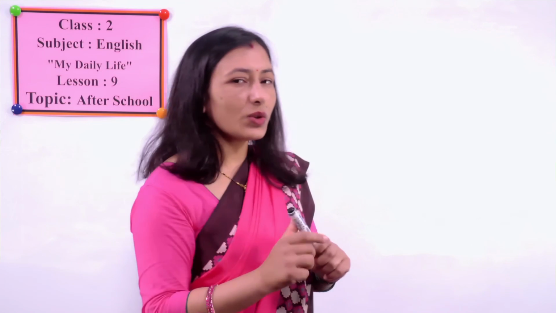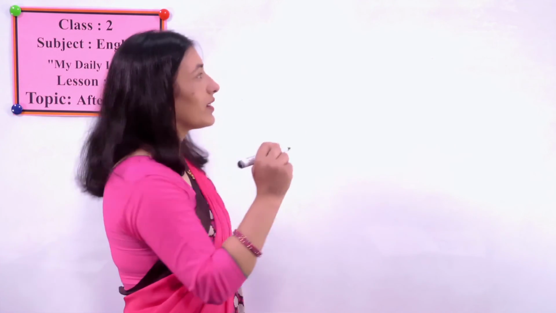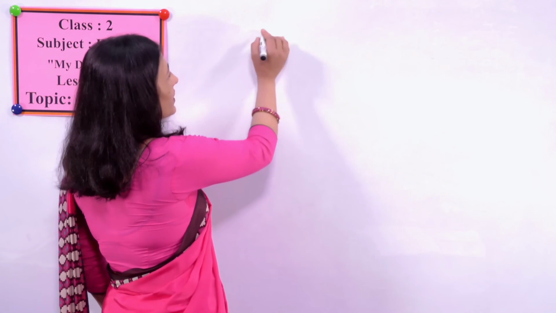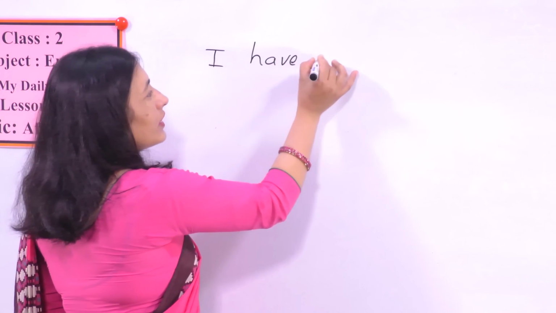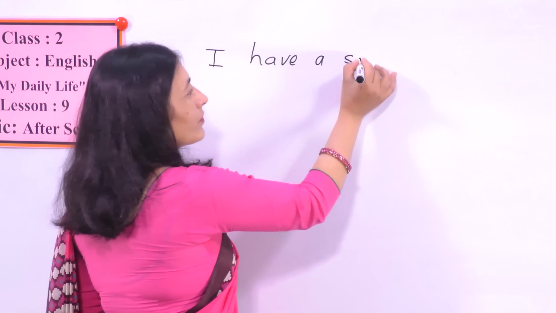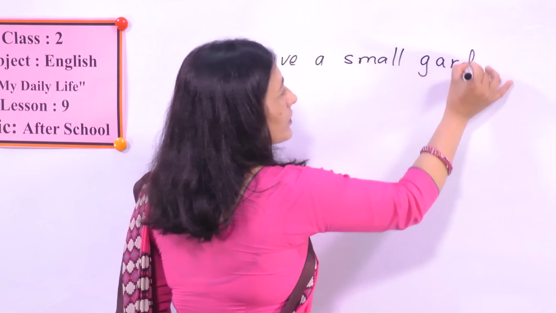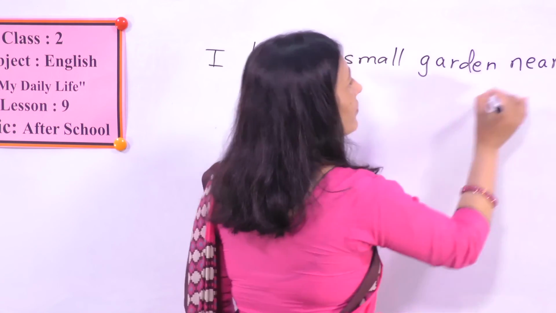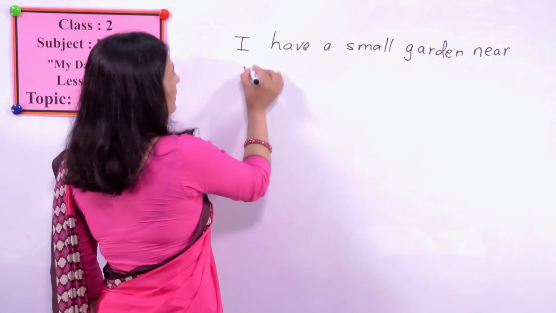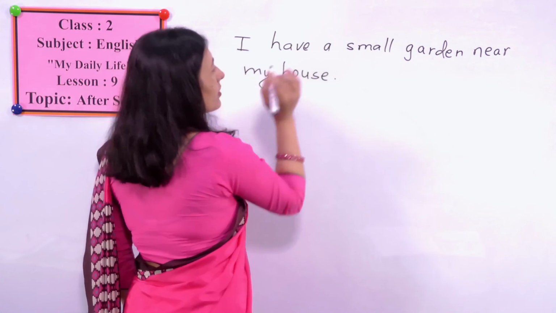And what can you do? You can write a short paragraph about your garden. How? In this way. I have a small garden near my house.